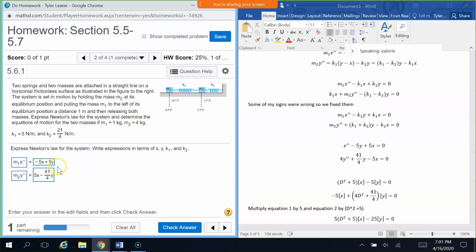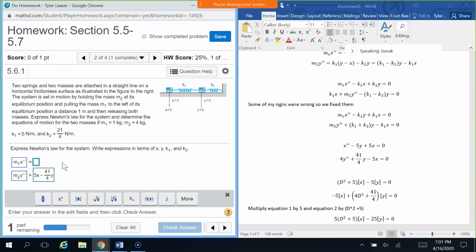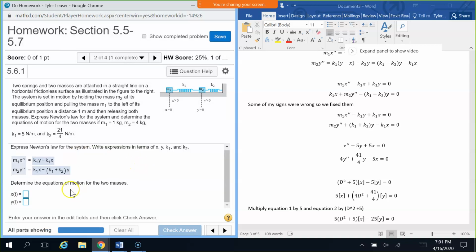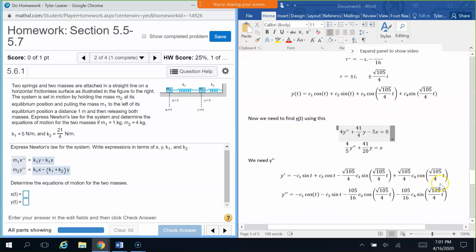Oh, they want it in terms of the K's and stuff. I probably should have done this first, just to make sure we had the right equations. No, we're good. Okay. Yeah, now it wants the actual things.